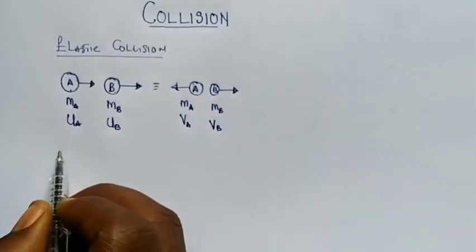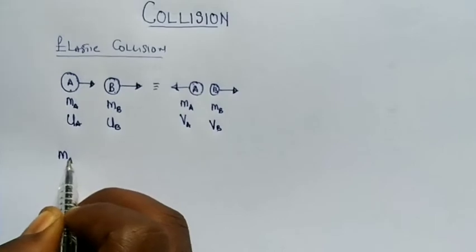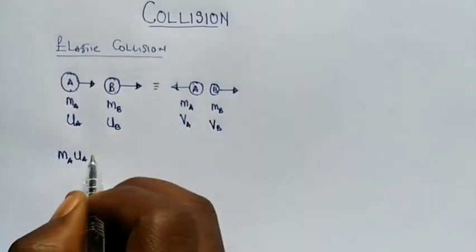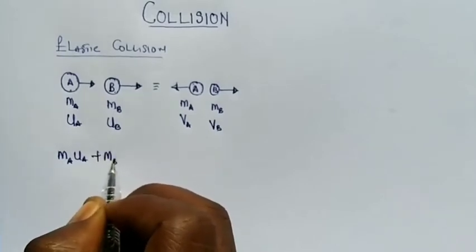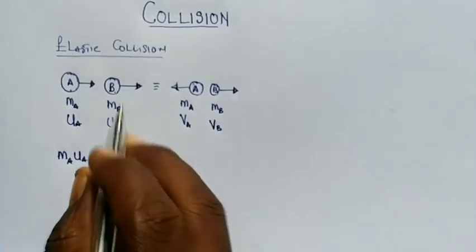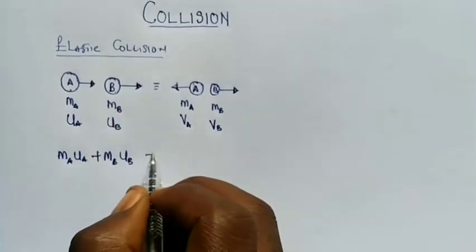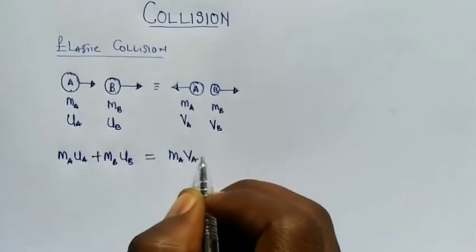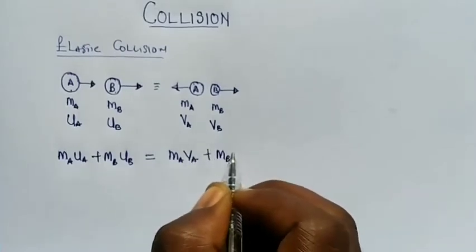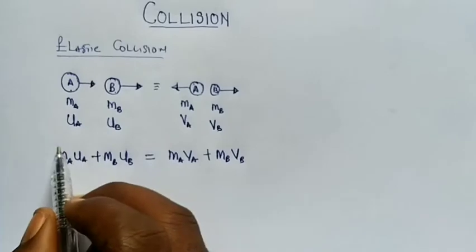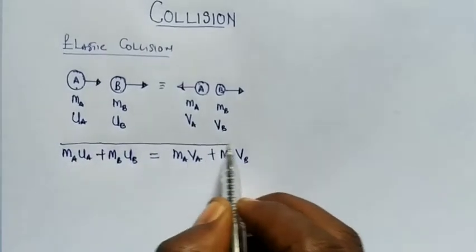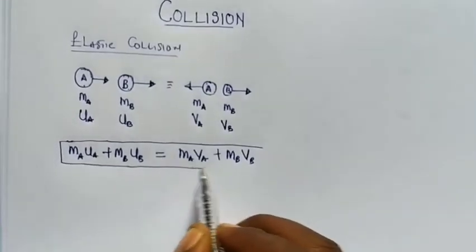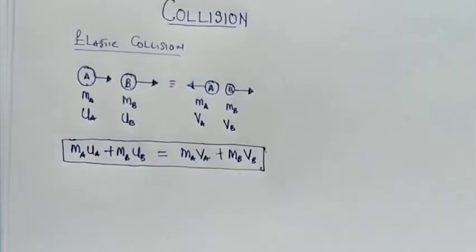So we say that MA UA for the first one, plus MB UB for the second body, is equal to MA VA plus MB VB.